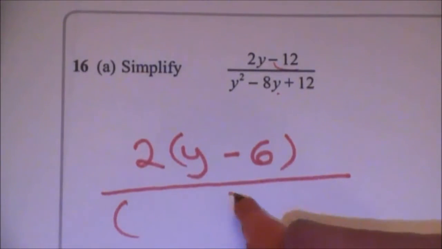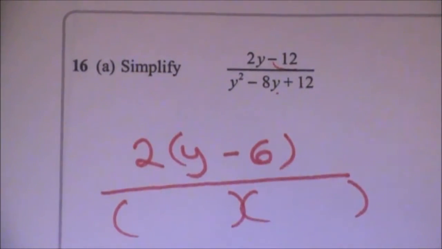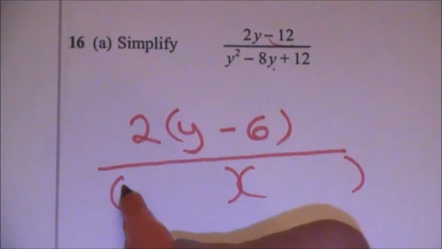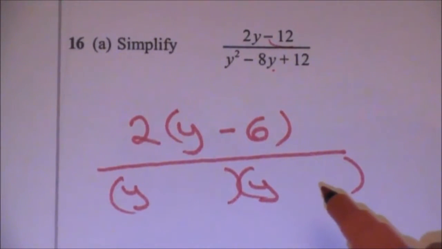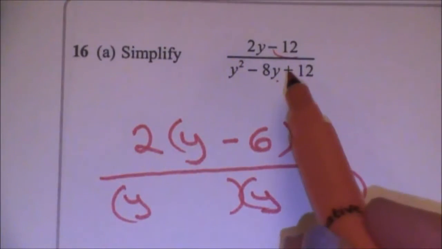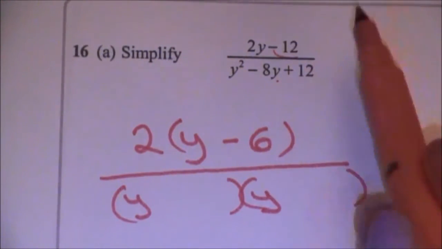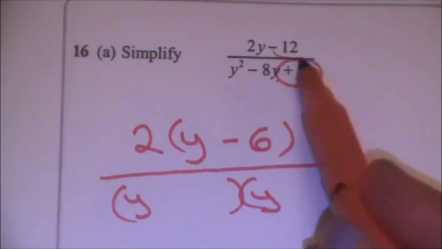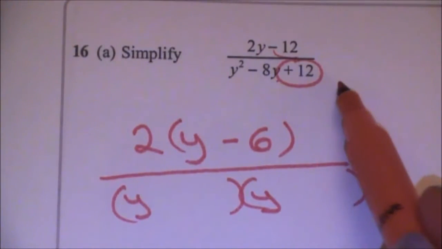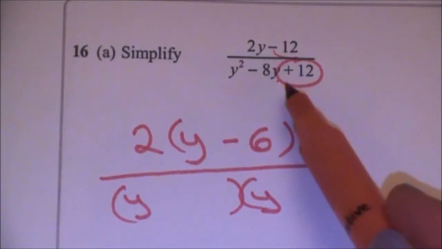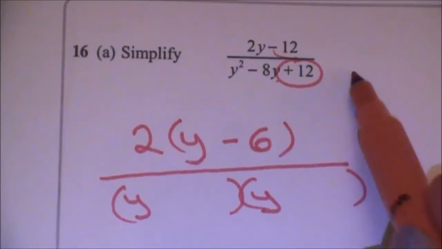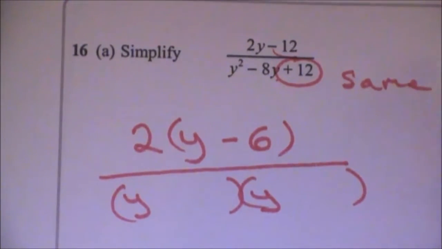quadratic. So it's going to go into double brackets. It's got a y squared at the start, so my bracket begins with y and y. Now, it's got a positive 12 at the end, so that means I need 2 numbers that multiply together to give me a positive 12. And because they're multiplying and it's a positive, that means both my signs have to be the same.